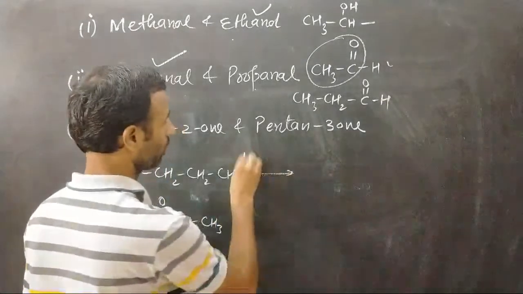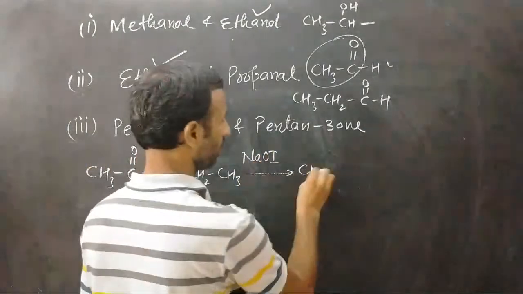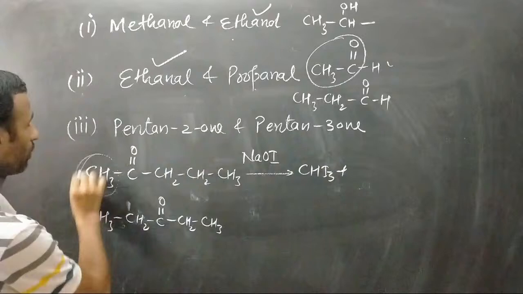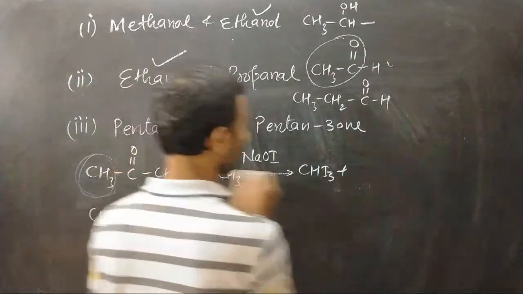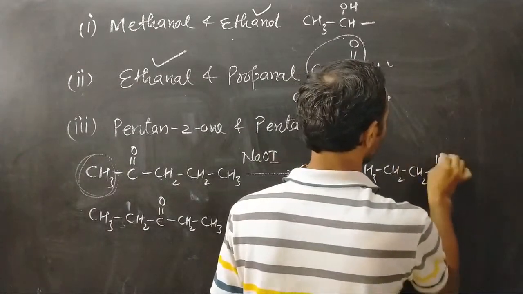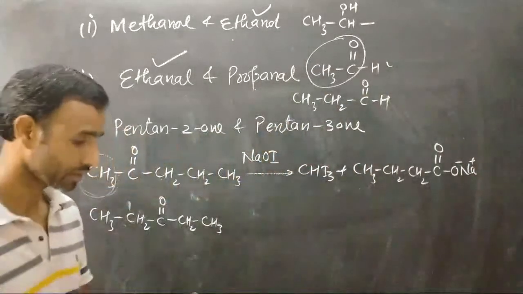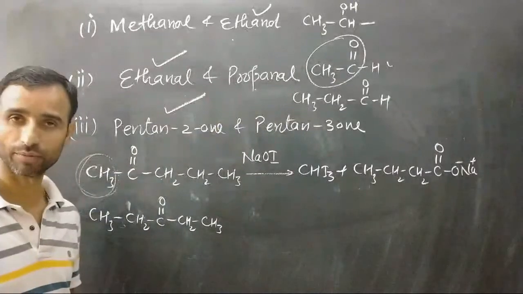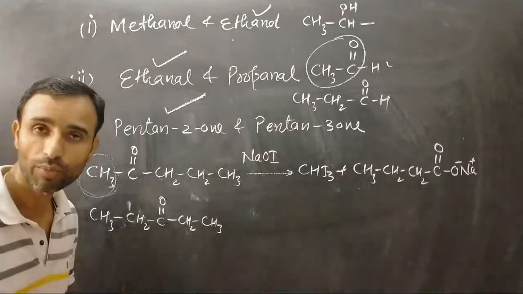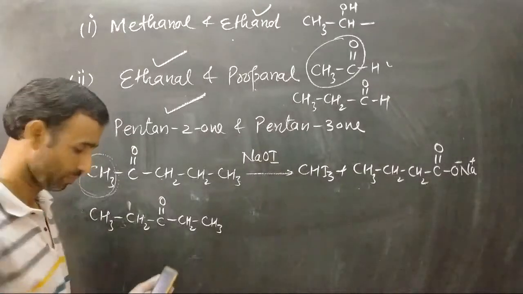So in the iodoform test, sometimes we can write simply NaOI. So we get iodoform. This part gives iodoform, and the rest, CH3CH2CH2CO, is attached to ONa. So we can use the iodoform test to distinguish these pairs of compounds. Okay, good.